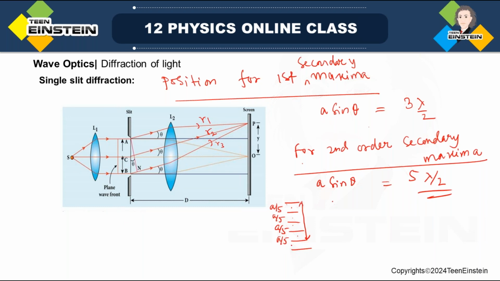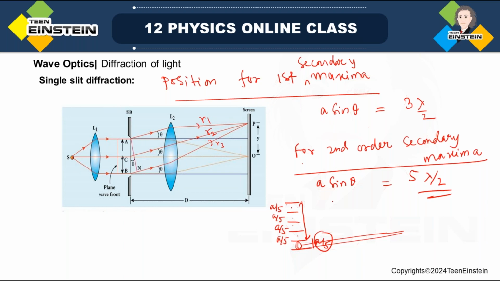But this a/5 portion will not have any corresponding points to interfere destructively. So light through this portion will directly go and meet the position where the second order secondary maxima occurs.